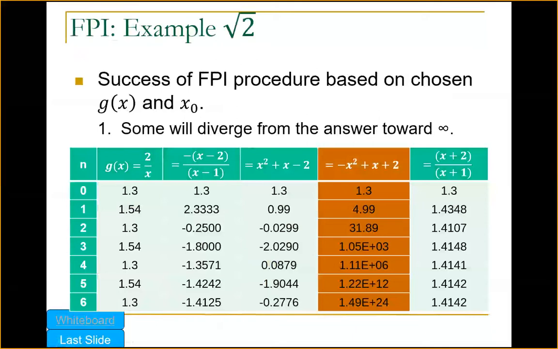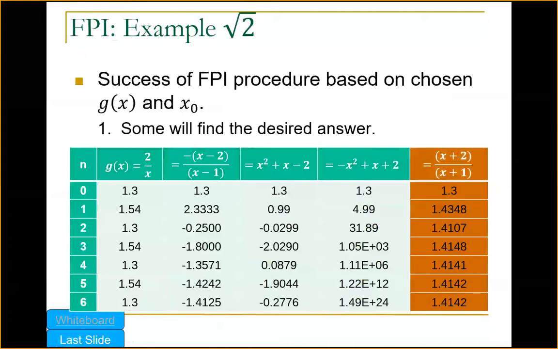This one, we call it diverging from the answer. Even though we started very close to the answer, after 6 iterations, it is 149 gazillion. I don't know what that number is. After 2 iterations, this one is within 1%.